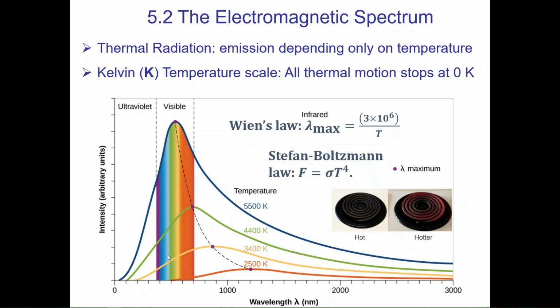If you look at this graph, if we keep increasing the temperature to an even higher temperature, you can see the radiation curve starts to emit even higher frequency light, like green, blue, and violet light.